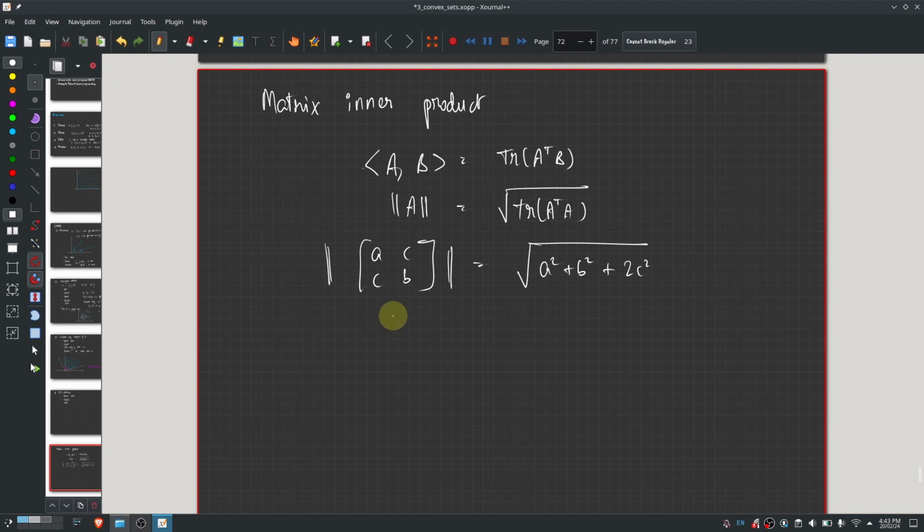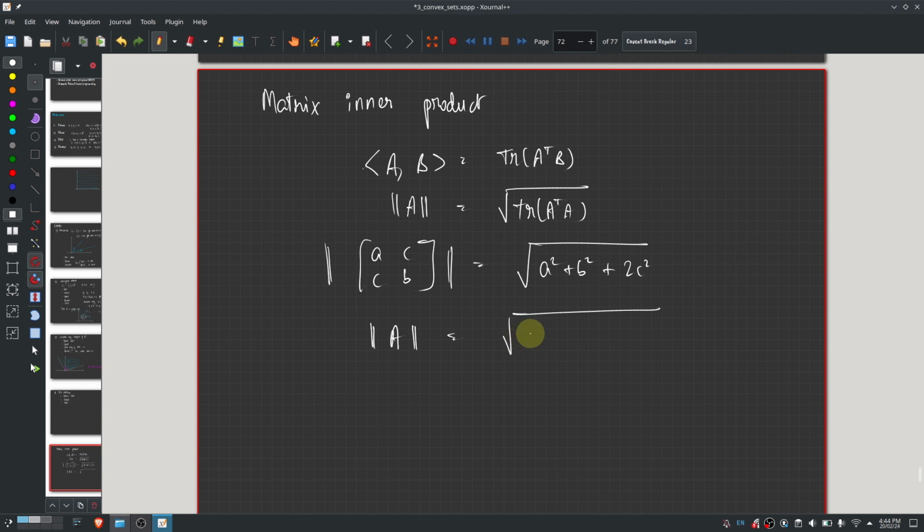In general, if I have a matrix A, what would the norm be equal to? Suppose I have a symmetric matrix A. Correct. So it's the sum of squares of all the diagonal entries plus 2 times the sum of squares of all the entries above the diagonal.